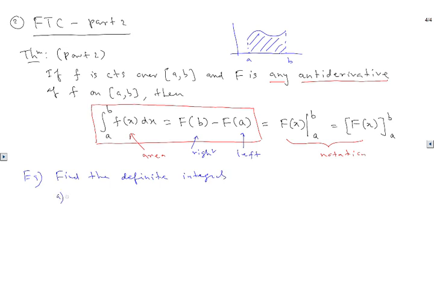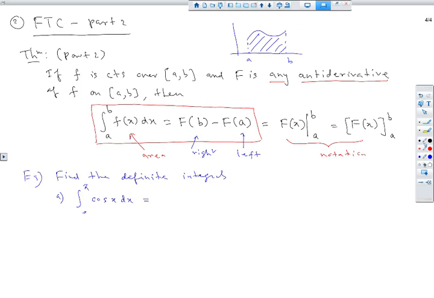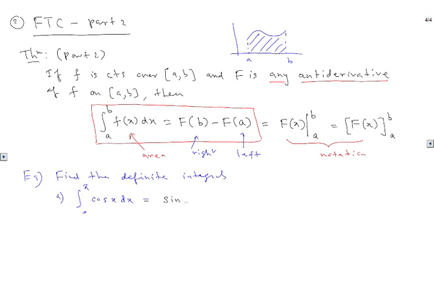The first one, let's say the integral from 0 to pi of cosine x dx. We just need an antiderivative. What's the antiderivative of cosine x? Just one. This is a cosine, so the antiderivative is sine x, right? This comes from the table.